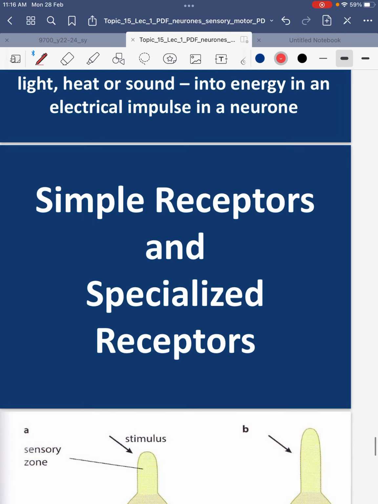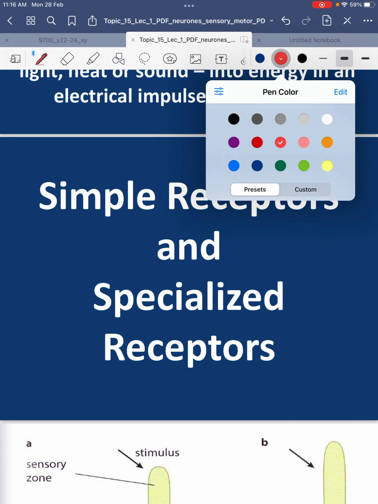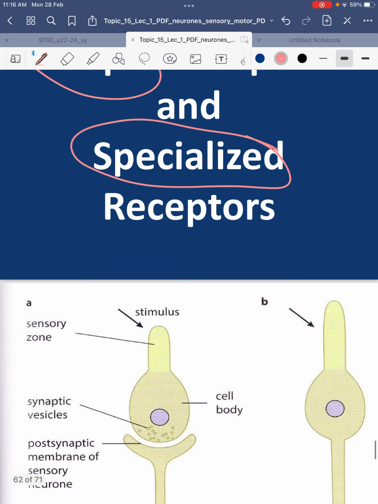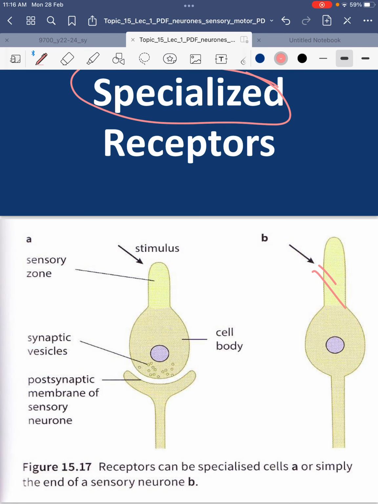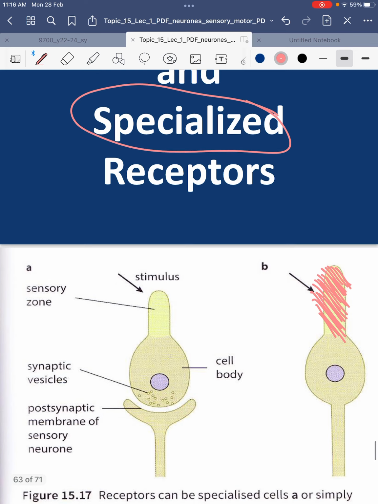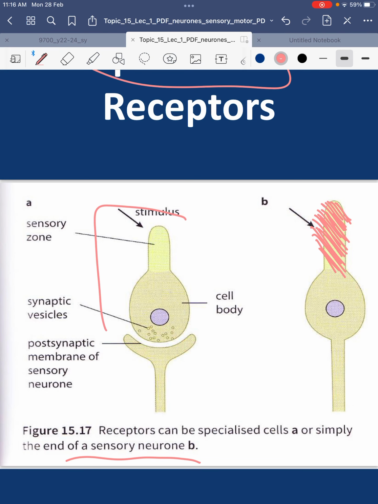So when we talk about receptors, there are two types of receptors. I did mention this just now: simple receptors and specialized receptors. A simple receptor can be the end of a sensory neuron like this. The end of a sensory neuron can be the simple receptor, or it can be a specialized cell.